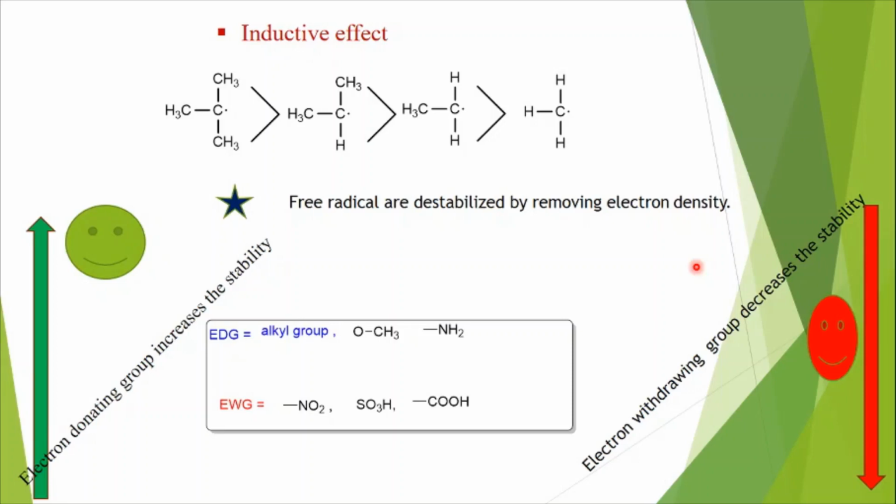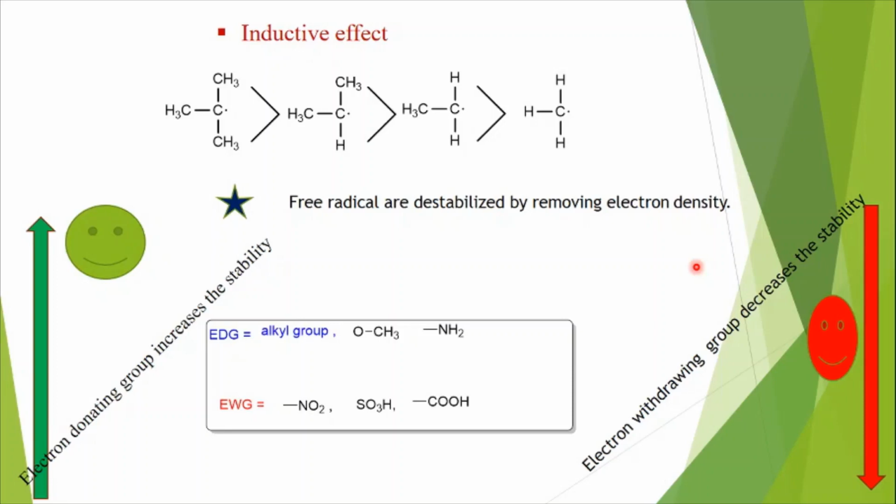The bond dissociation energy of the CH bond for the formation of free radicals of methane, ethane, and other alkanes clearly shows that radical centers are stabilized by replacement of 1, 2, or 3 of the hydrogens of the methyl radical by alkyl groups. For example, the bond dissociation energy of ethane is 98 kilocalorie per mole, which is less than methane, that is 105 kilocalorie per mole.